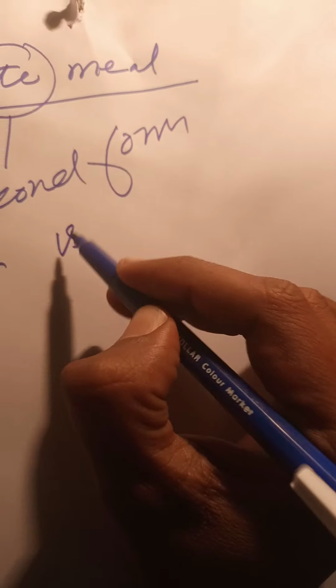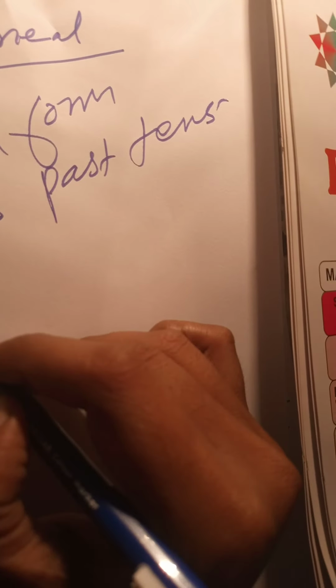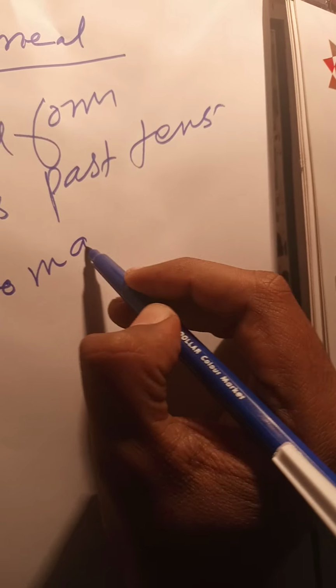How to make an interrogative sentence? I ate meal. Eat second form means it is past tense. How to make interrogative?